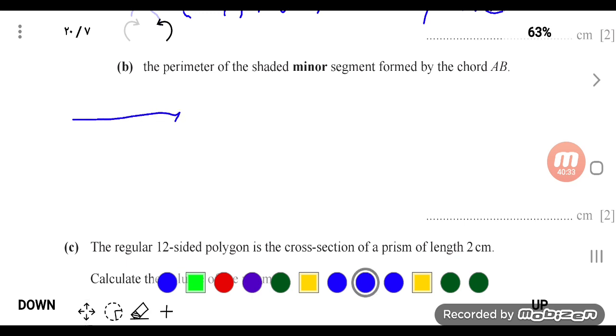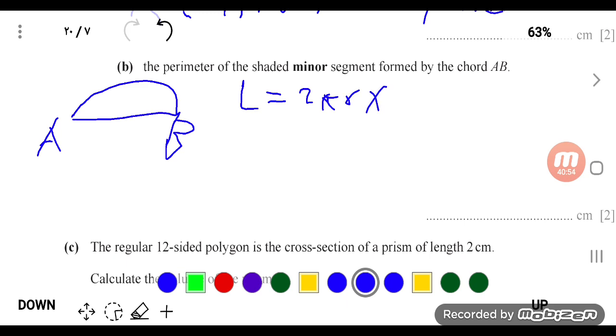Perimeter means AB segment plus the arc AB. You have to add both of them. Segment AB is given in the question. It is 6. We need to find the arc. Length of arc formula: 2 pi r times the angle at the center, let's label it theta, over 360.